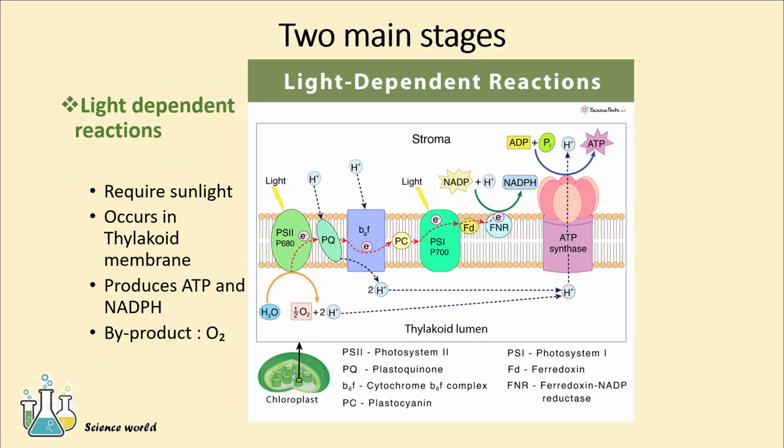So in the light dependent reactions, ATP and NADPH are produced, and also due to the splitting of water in the presence of light, oxygen is produced as a byproduct.